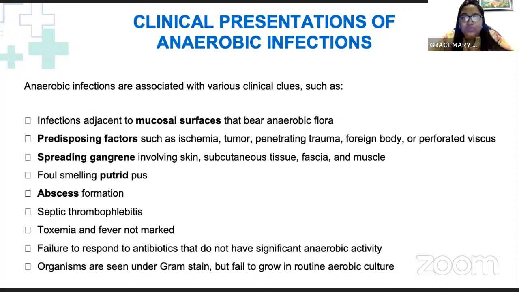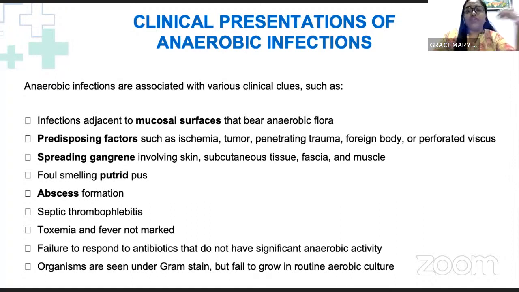So ischemia, tumor, penetrating trauma, especially for Clostridium, which can cause necrotizing fasciitis or gas gangrene. If the spores of the Clostridium get contaminated with the penetrating trauma, that can cause a sudden chain of reactions that are usually to some extent fatal, and therefore having a penetrating trauma, you are at risk for an anaerobic infection.